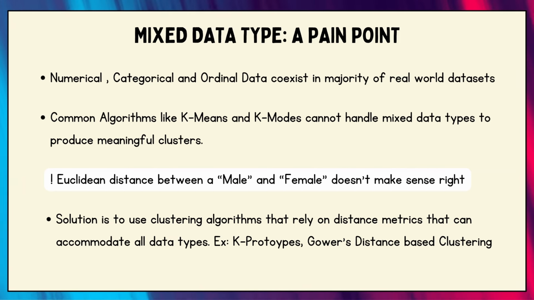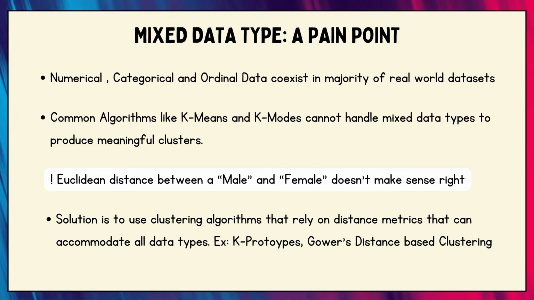Well, there can be some exceptions, like some financial data or something like that. But if you're talking about data about customers and you want to cluster them, then obviously you'll have some sort of categorical information about them, like their gender, some ordinal information about them, like their education, and numerical information like revenue and all those things, right? And you want to use all of that as a contributor to your clustering algorithm.